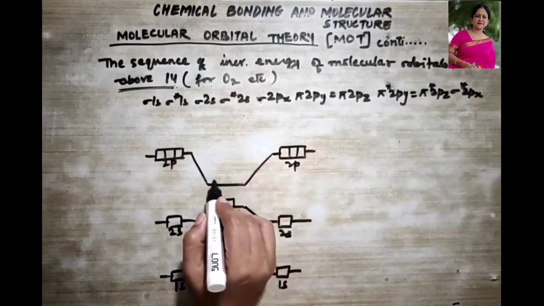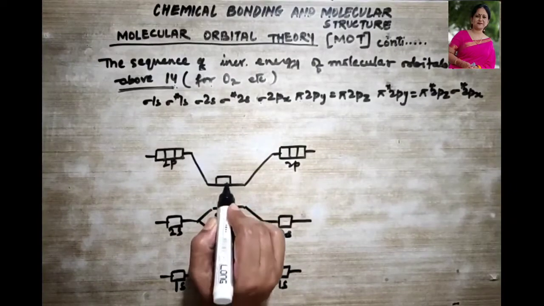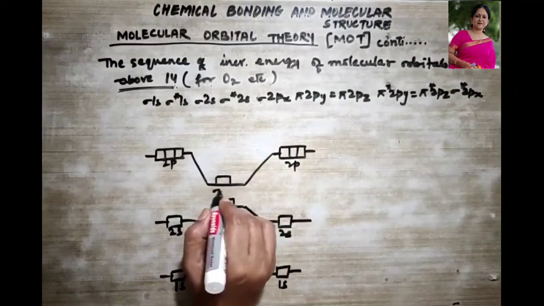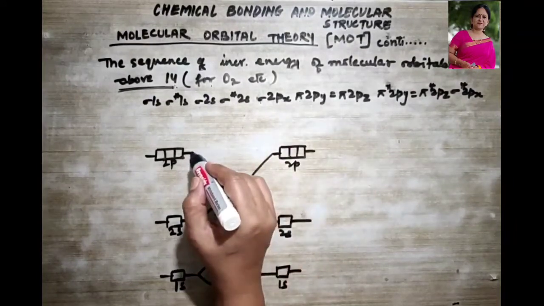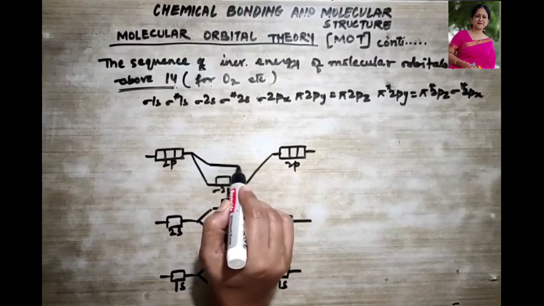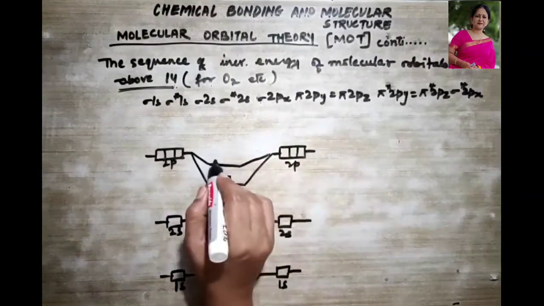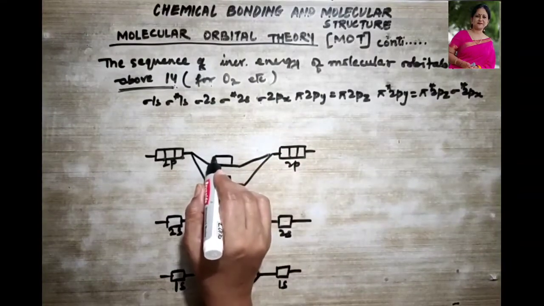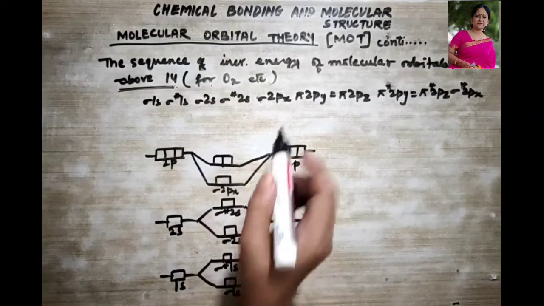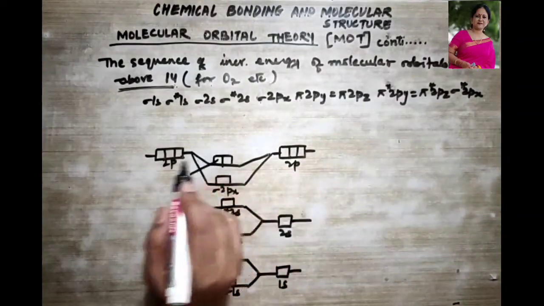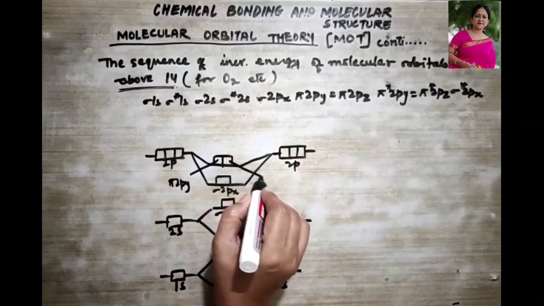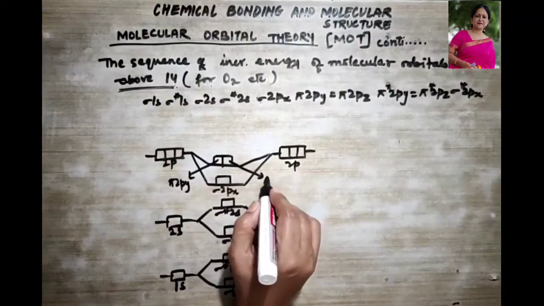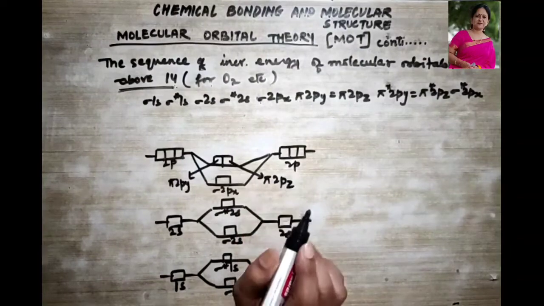You should have just one box over here. This shows sigma 2px. Next one, this will show two similar energies. What is this one? This is pi 2py. This one is pi 2pz.